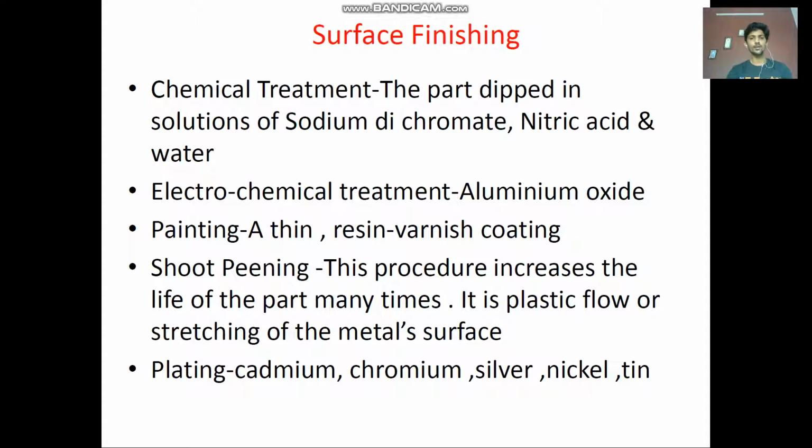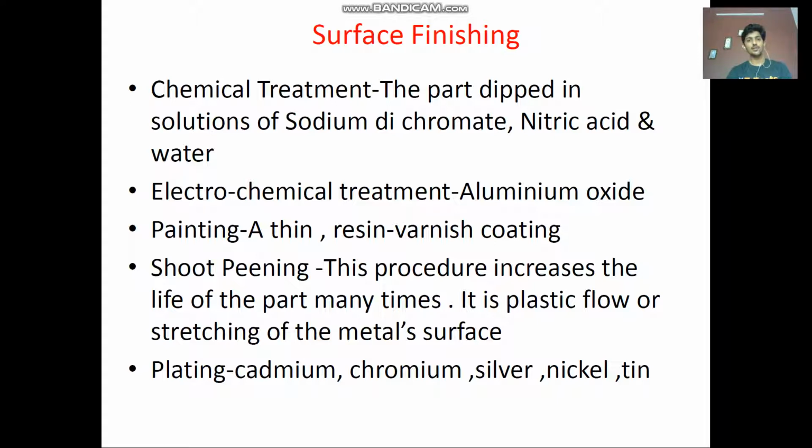If you look at this slide, chemical treatment is one of the methods, in which the component is dipped in a solution of sodium dichromate, nitric acid and water, which will give a good surface finish. Second is electrochemical treatment, in which aluminum oxides are used. Third is painting, where a thin layer of resin or varnish coating is applied on the component. Fourth is shot peening, again a mechanical process in which the component surface is stretched like a plastic, which gives a good surface finish.